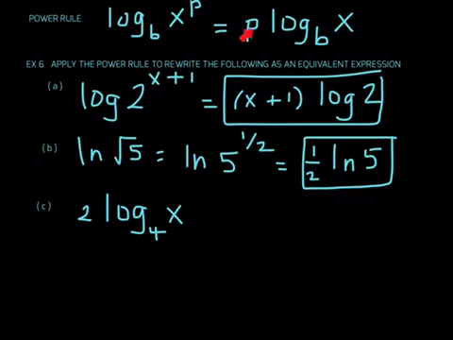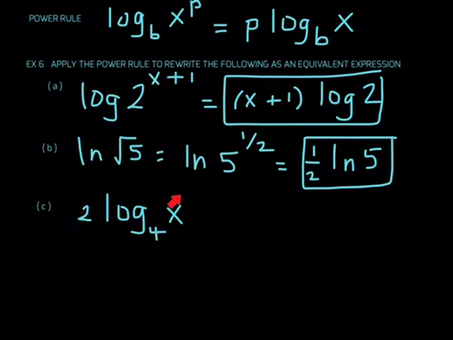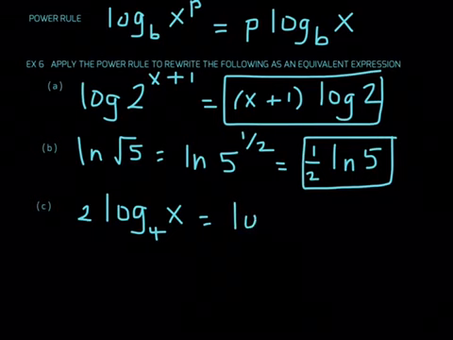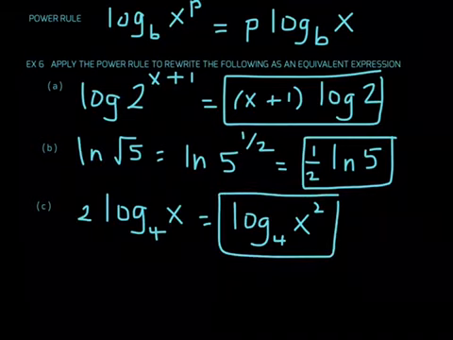Notice the p can be put back up as a power of x, right? So this 2 can be put back up as a power of x. In other words, we can rewrite this as log base 4 of x squared. Okay? Cool. Let's go to example 7, guys.